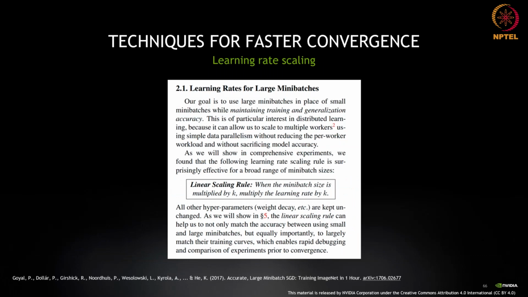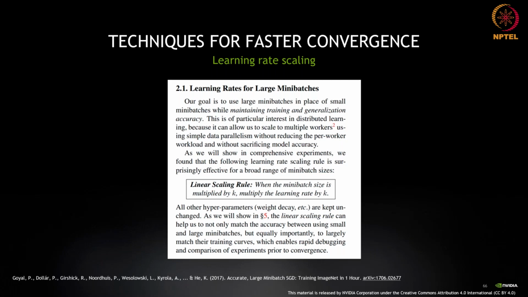The second example here for faster convergence is the learning rate. You can again see the reference to the paper. By scaling the learning rate, basically what this paper states is that by scaling the learning rate linearly with the batch size, it helps the model convergence rate, and the number of epochs needed to converge would be preserved that way, and our training becomes faster.